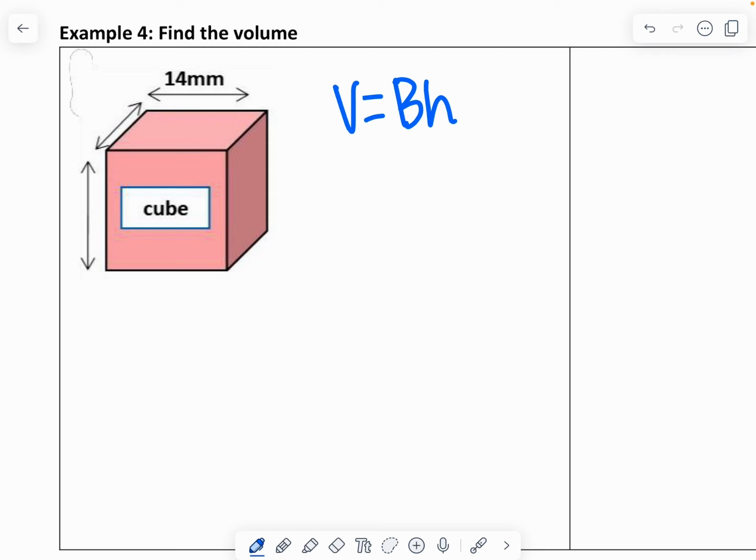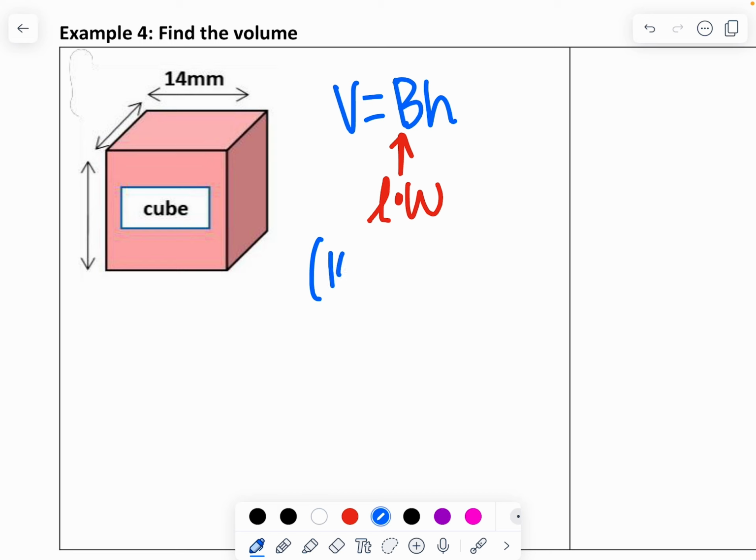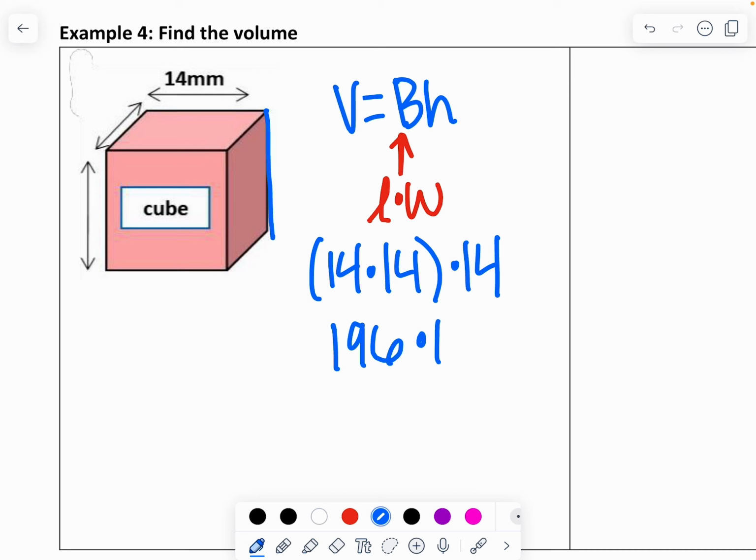And to find the area of the base, it is a square, so I'm just going to use length times width. So then in my parentheses, I would do length times width, which is 14 times 14. And then you would multiply it by your height, which is also 14. So 14 times 14 is 196. And then 196 times 14 is 2,744 millimeters cubed.